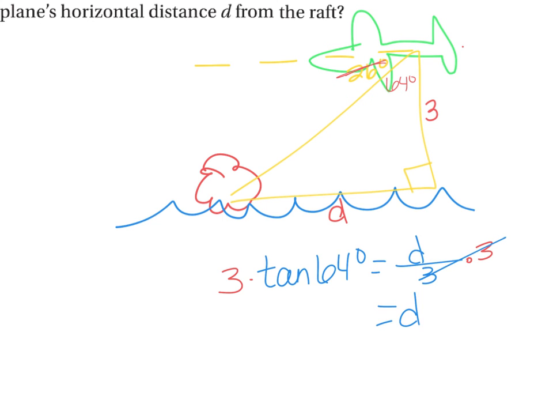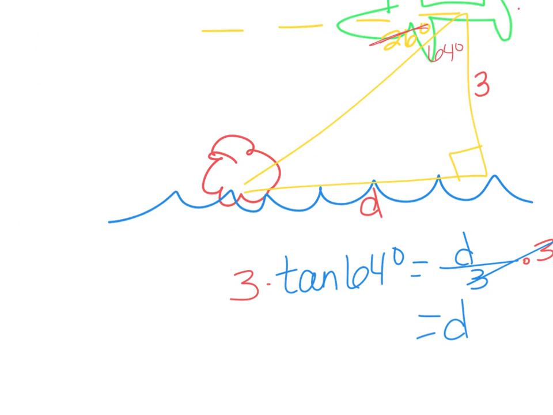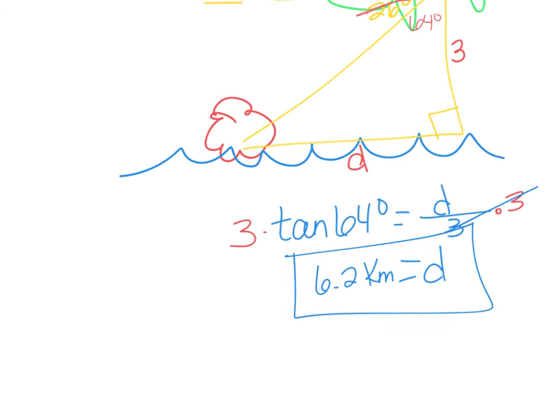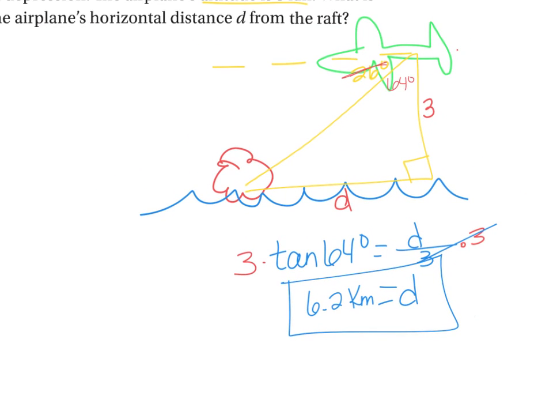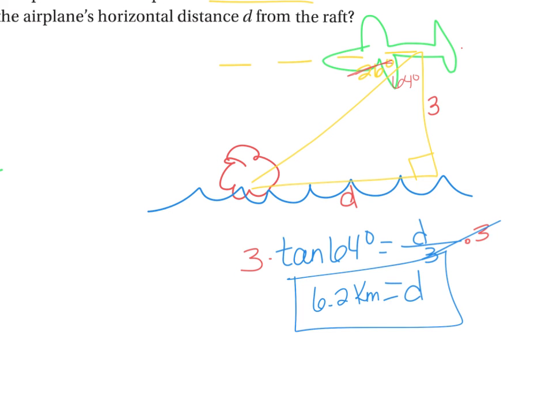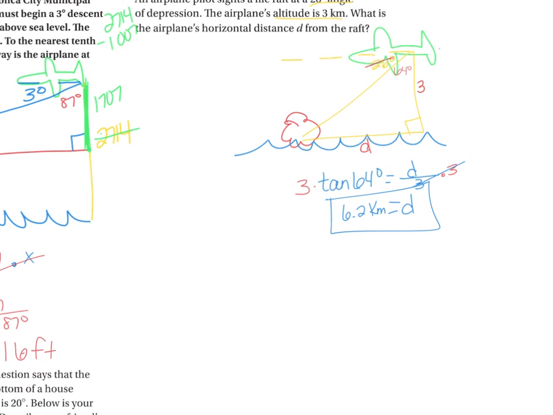You're left with d equals, does it say what to round? It doesn't. We're going to go to another whole number just because we can, because it doesn't specify. Always make sure you read what it wants you to round to. So I'll do 1 decimal place. Let's do 6.2 kilometers. So, yeah, that seems realistic, right? I didn't get like 1,005 kilometers or something crazy, but 6 kilometers is realistic.